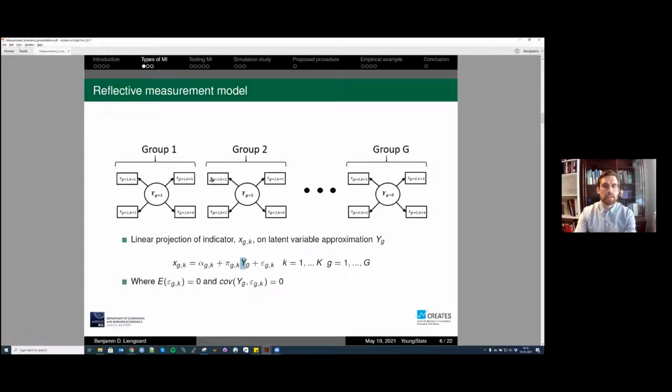But these indicators are also measured over the different groups. So we have K, which denotes a specific indicator, and G denotes the different groups. So we both have a G and a K index on the indicators, but we only have a G index on the latent variable because we only have one latent variable approximation underlying each of these indicators.